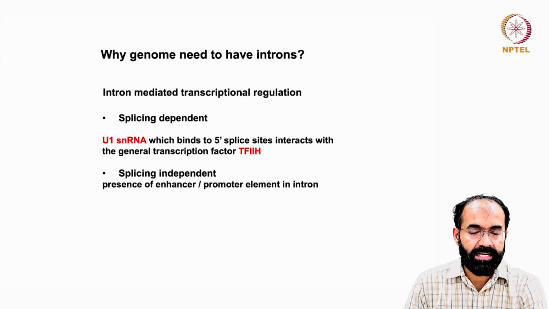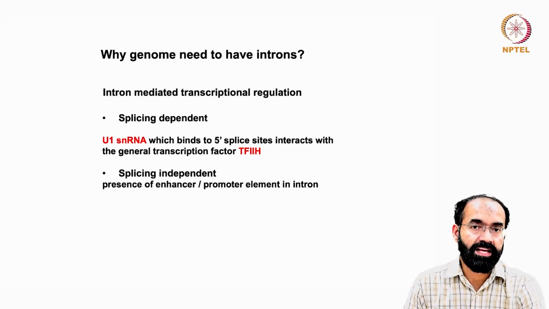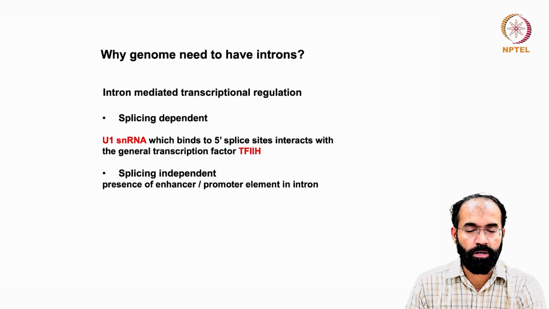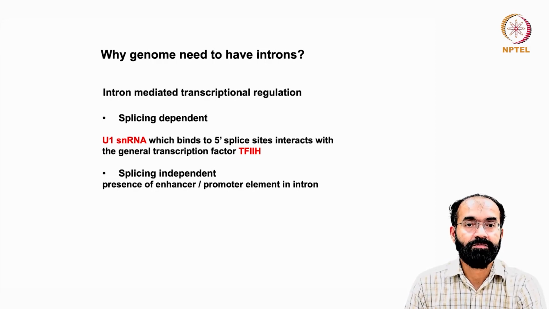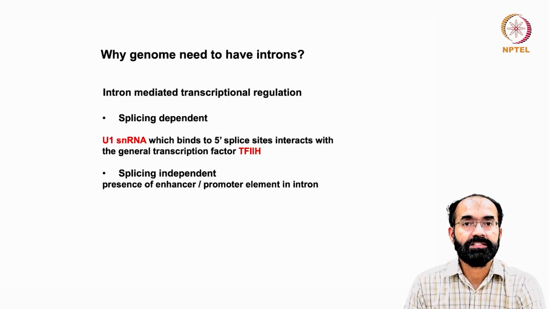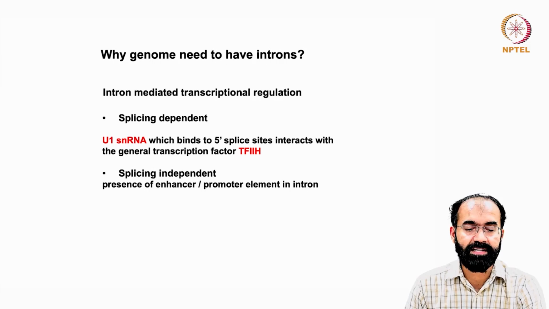That means the transcriptional regulation, how introns will mediate, is at the stage of splicing. The U1 snRNA, the first snRNA that binds onto the exon-intron boundary, which binds to the 5' splice site, interacts with the general transcription factor TFIIH. You may remember TFIIH is one of the transcription factors of RNA polymerase II, which has helicase activity.